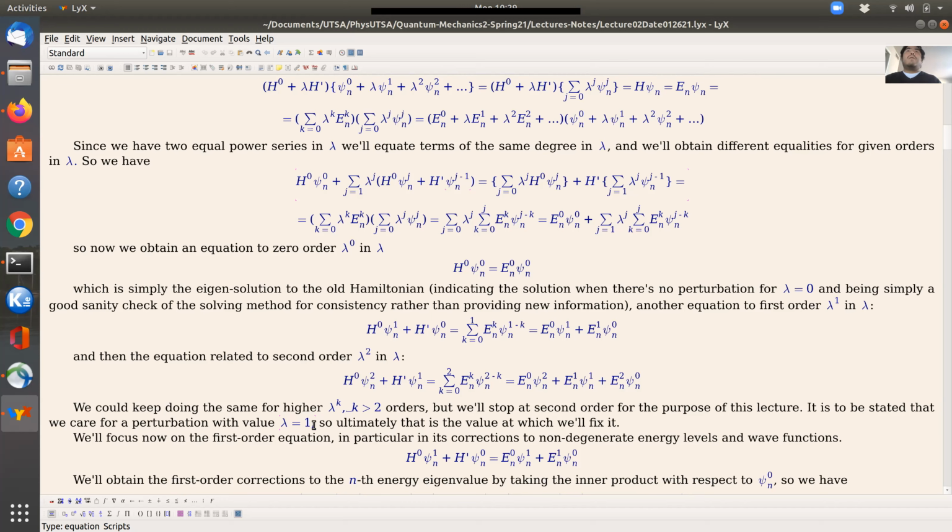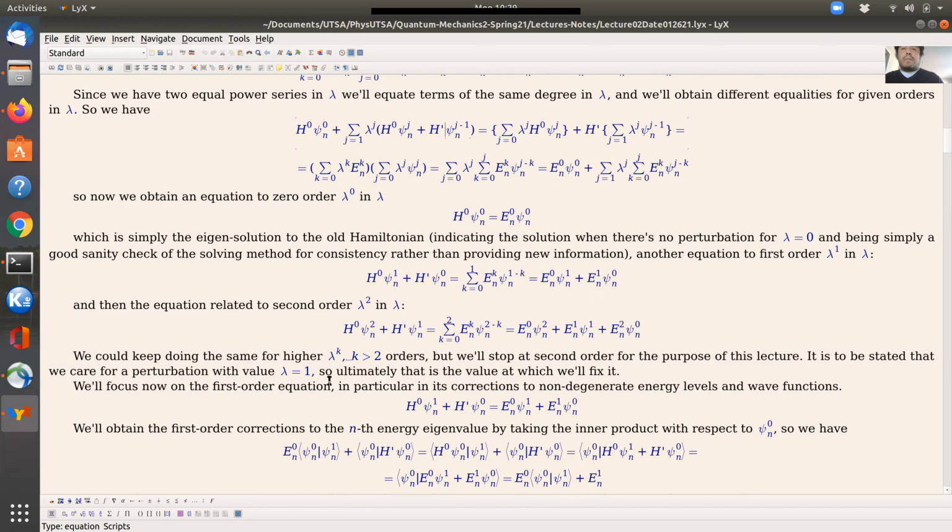And usually in quantum mechanics, it's understood that lambda is some sort of artifice to keep track of the powers. So keep it in mind. I will give a little bit of further explanation in this at the end of the chapter, but just bear with me right now. So just keep it in mind that we'll leave it at lambda equal to 1.